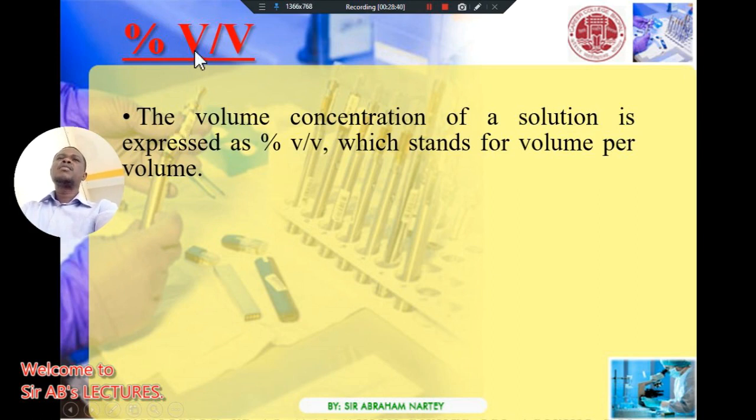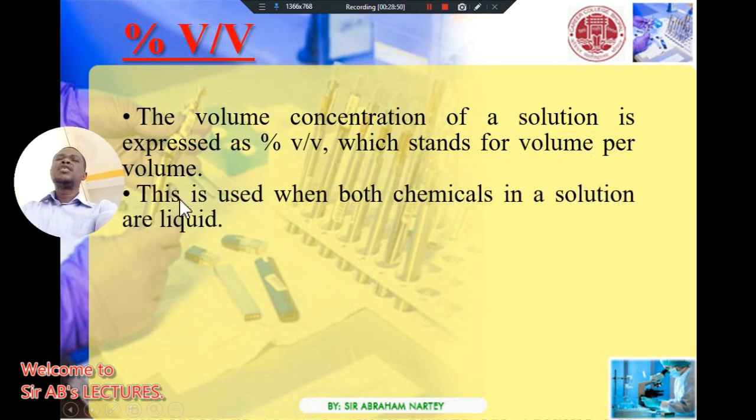When we say volume per volume, the volume concentration of a solution is expressed as volume per volume. The meaning is, this is used when both chemicals in a solution are liquid.